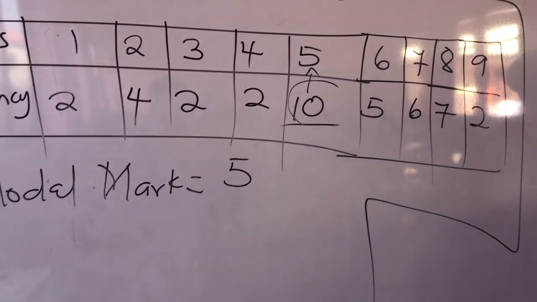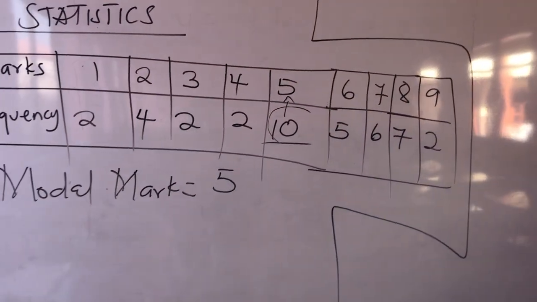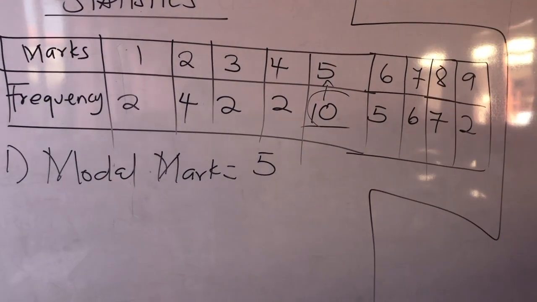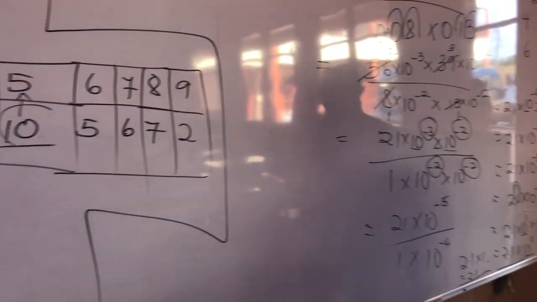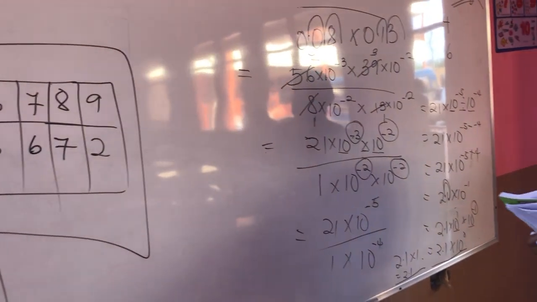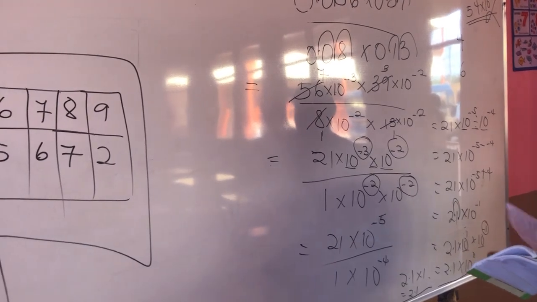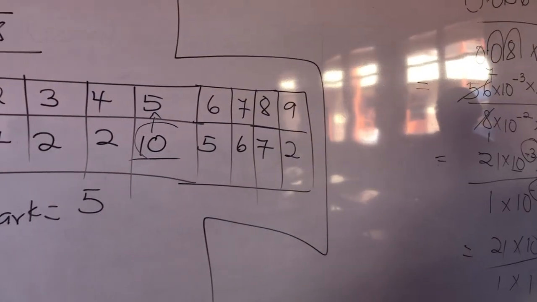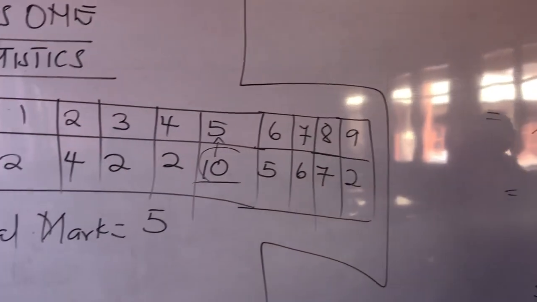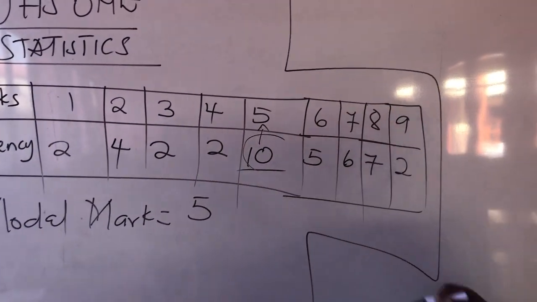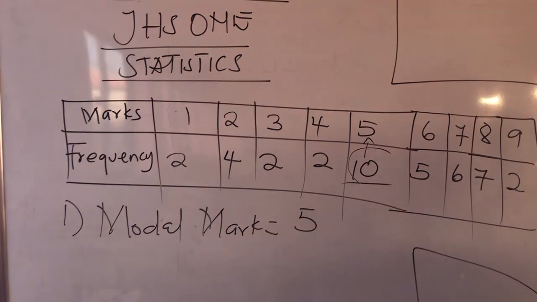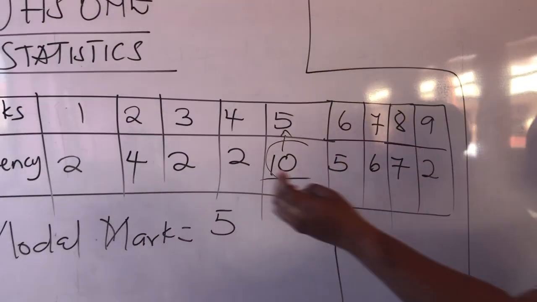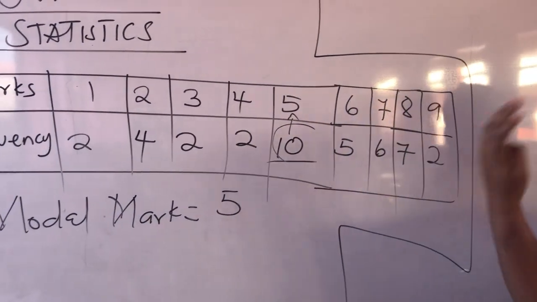Okay, let's take the next question. Find the number of candidates who wrote the test. Now, this is how we find it. These are the marks. At the end of the test, these were the marks that the children scored in the exams.